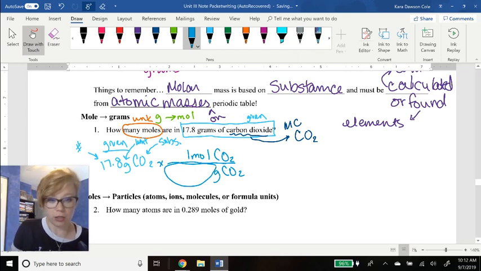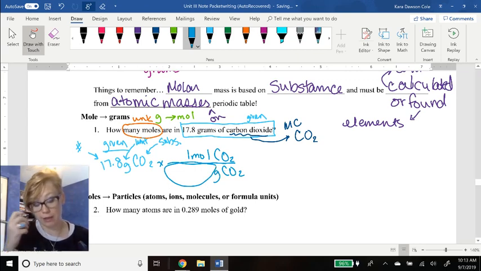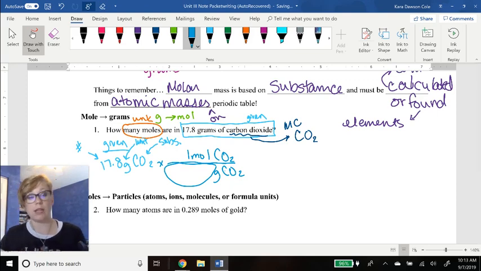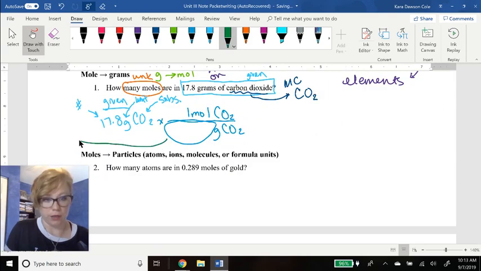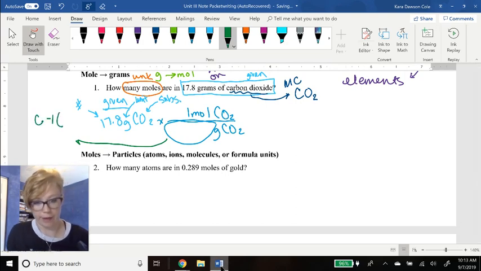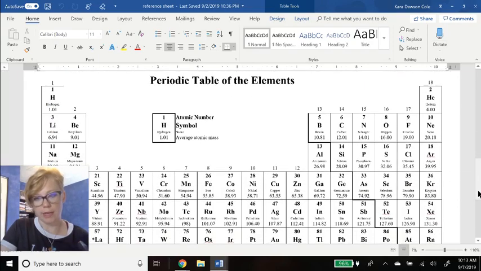So I have to go to my periodic table and look up the mass of carbon and the mass of oxygen and then calculate that value. I have 1 carbon, and carbon is 12.01, and oxygen is 16.